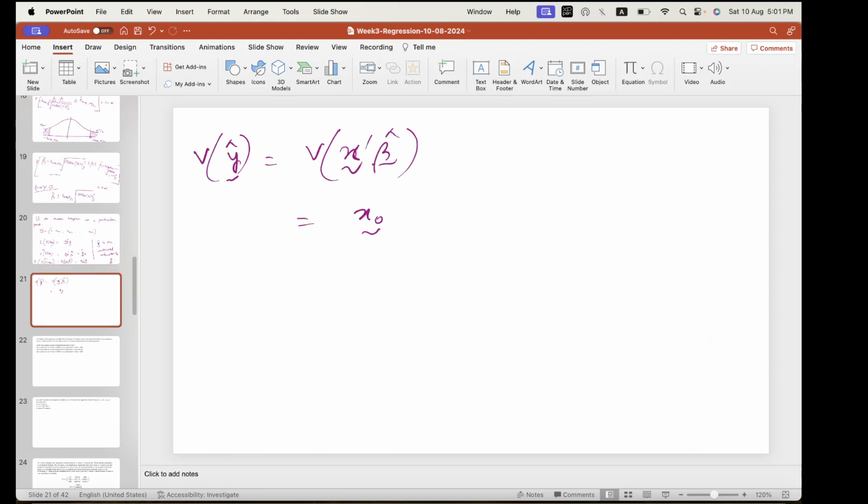So this would be x naught prime variance of beta hat x naught, because this is 1 cross p. Yes, done. So now this would be x naught prime sigma square (X prime X inverse) x naught.